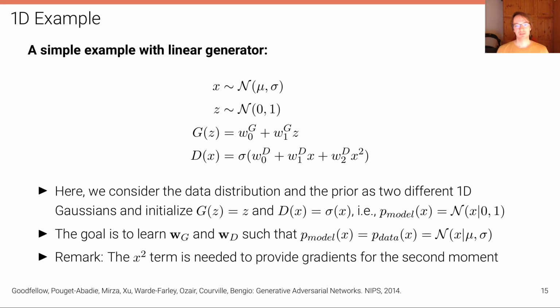Now, we can already see that we can realize this mapping from the distribution of c to the distribution over the data samples x through a simple linear mapping that changes the mean and scales the distribution.